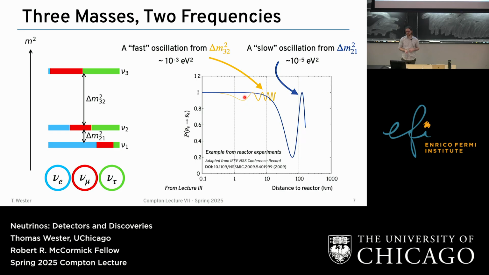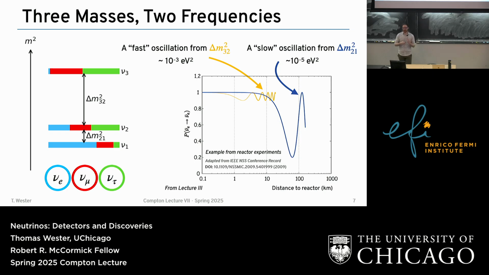You'll basically see the electron antineutrinos from the reactors disappear because they're oscillating away, and they should do so at a frequency that's proportional to the larger of the 2 frequencies. But you can imagine putting a detector much further away, and then what you would see is a frequency driven by the slower of the 2 frequencies, so the smaller difference between the 2 neutrino masses down here.